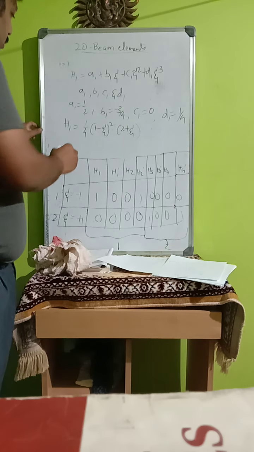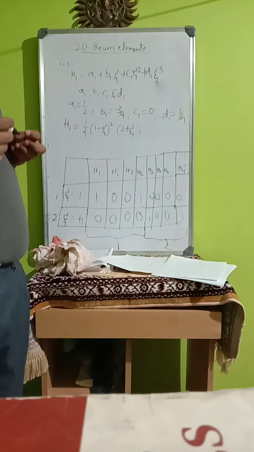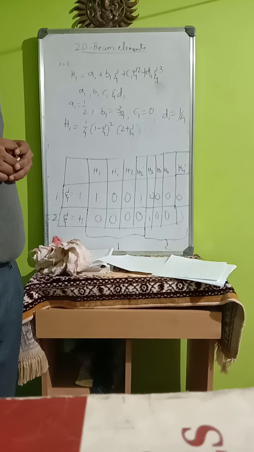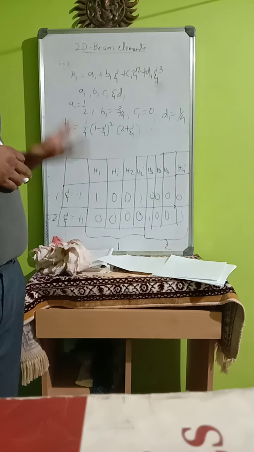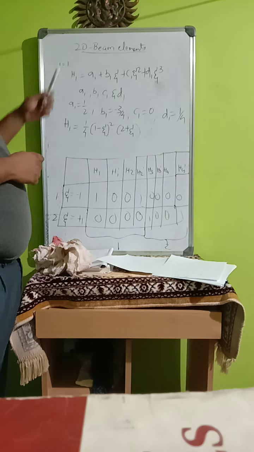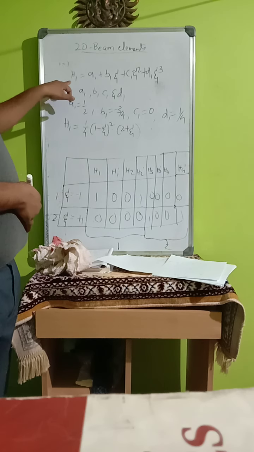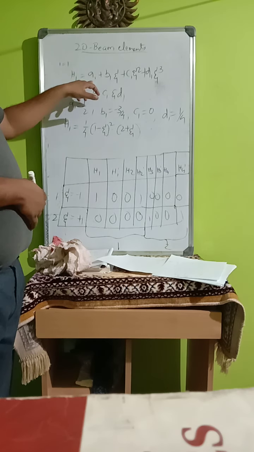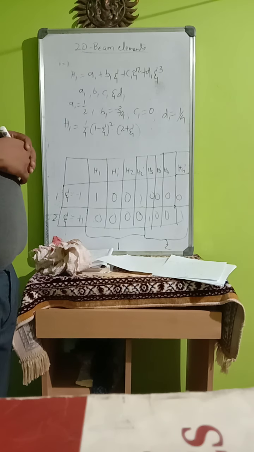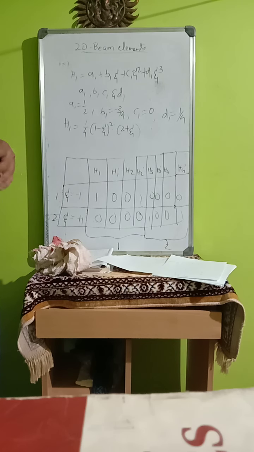This is shape function 1. We have 4 shape functions for the Hermite beam element, and out of these, this is h1. Likewise, for I equal to 2, the equation for h2 becomes a2 plus b2 zeta plus c2 zeta square plus d2 zeta cube.